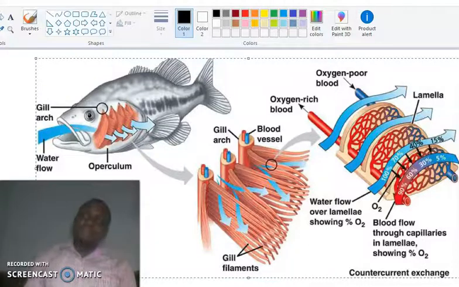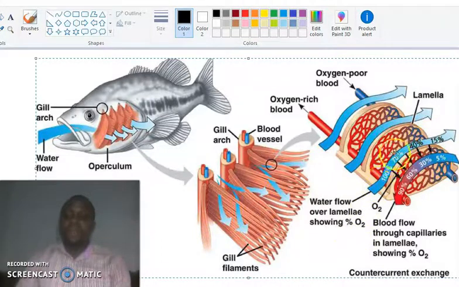Now, something that you should also note is that the flow of water over the gill is in the opposite direction to the flow of blood in the blood capillaries. The water flows over the gill in the opposite direction to the blood flow.